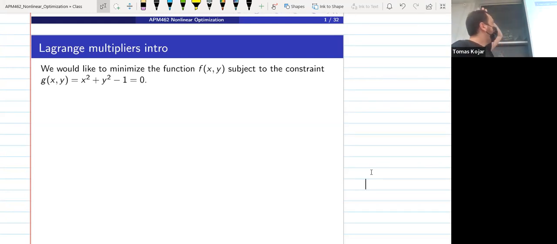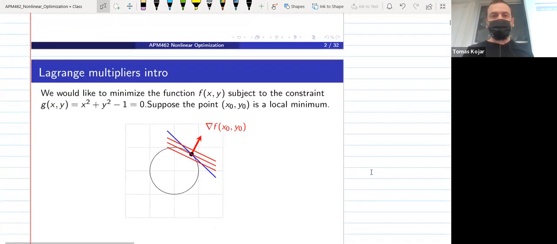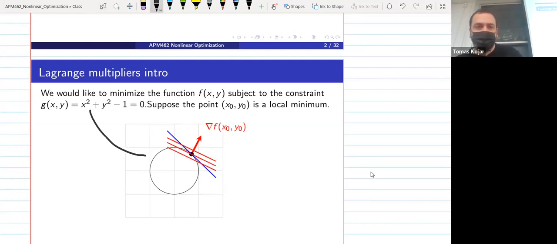So what's the problem? You have a function and here's a constraint, just the unit circle. This is the unit circle over here. This blue line is called the tangent line.